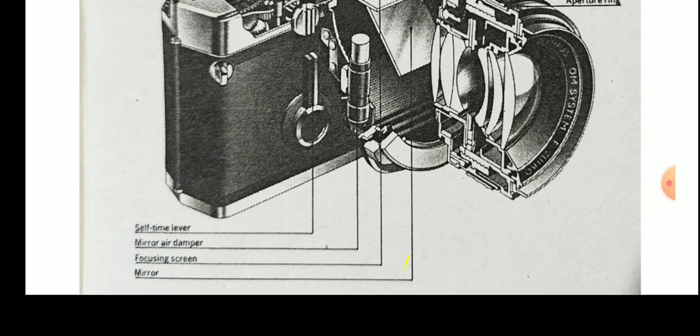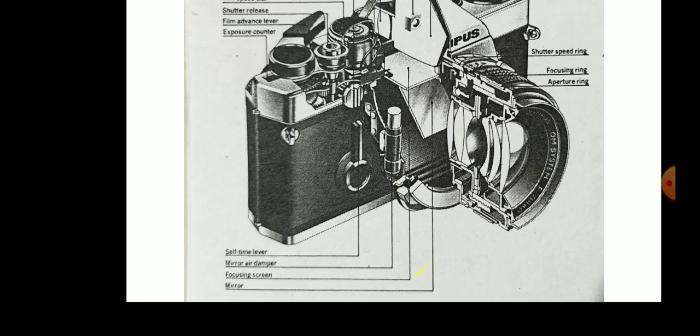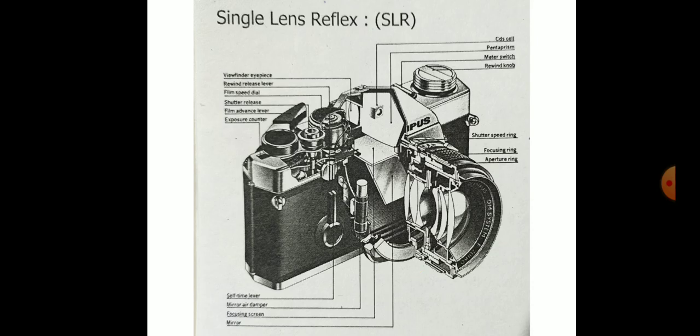You will find it quite complicated, but the camera's functioning, due to all this setup, is very simple. Then the self-timer lever, mirror air damper, focusing screen and the mirror, then the shutter speed ring, focusing ring, aperture ring, CDS cell, pentaprism, meter switch, and a rewind knob are also there.